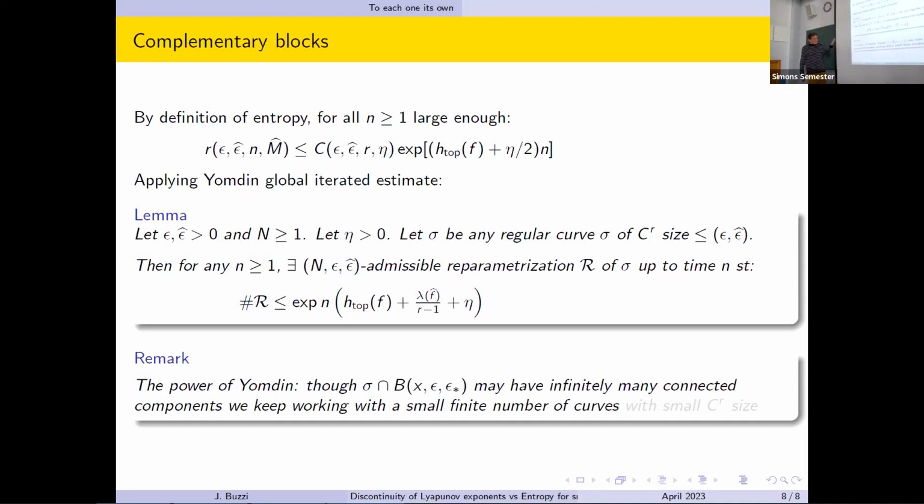Even if you want to work with curves with bounded C1 size, which would be enough for the entropy estimate, you are stuck because you don't know how much refinement you need to make. And this is what Yomdin tells you. So we make the break. Okay, 10 minutes.